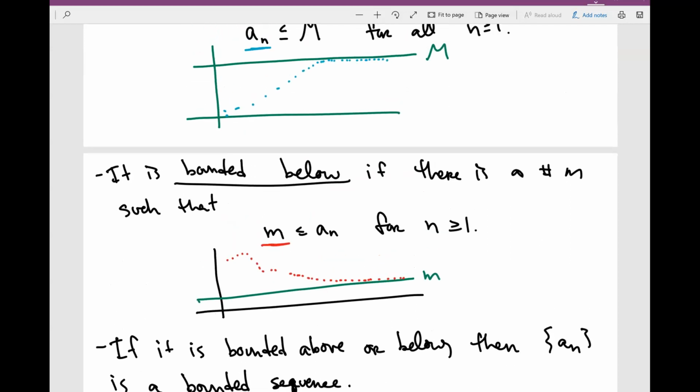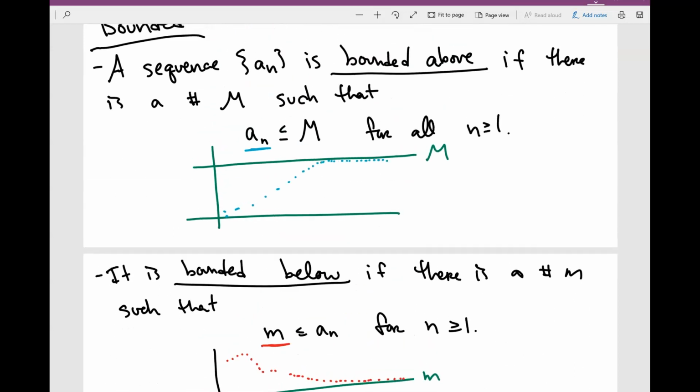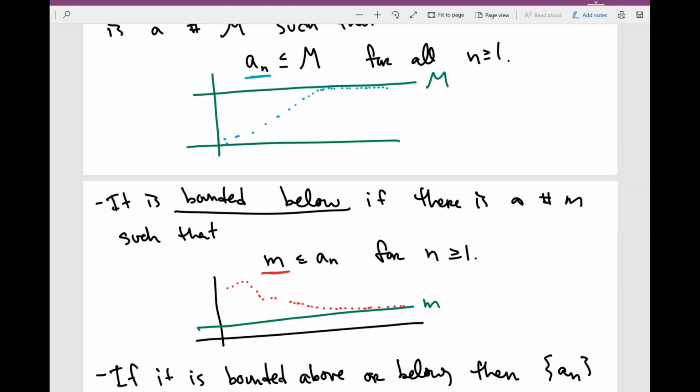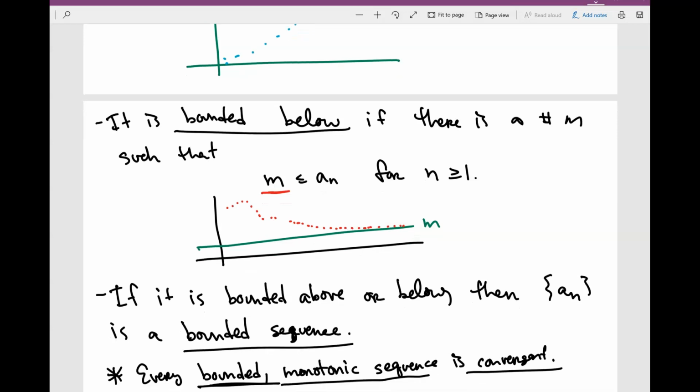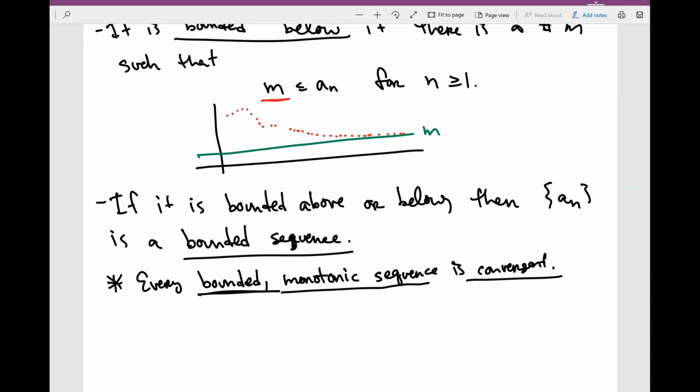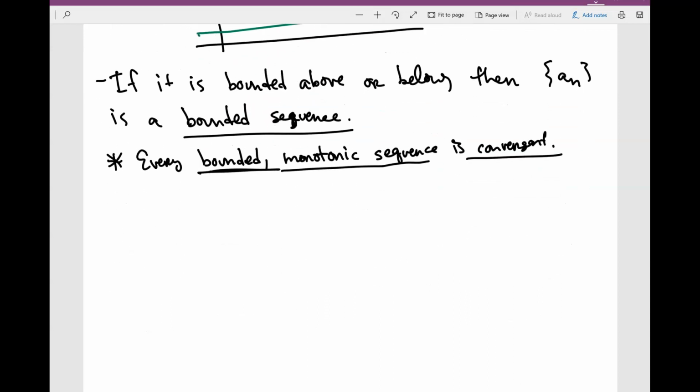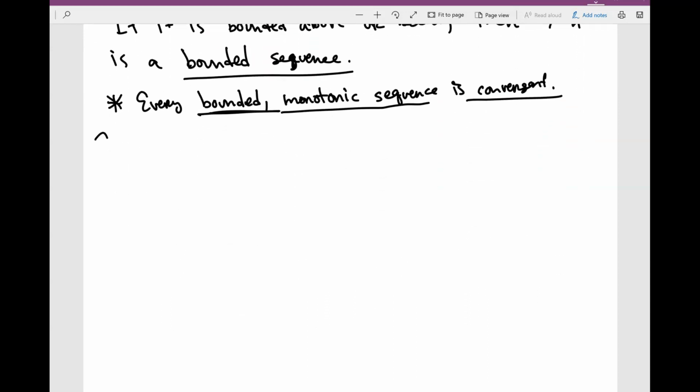If it's always increasing, you can see this is the number that it's going to converge to. If it's always decreasing, you can see that little m might be the number it converges to. So if something is bounded and always increasing or decreasing, it's always going to converge. So here's some examples.